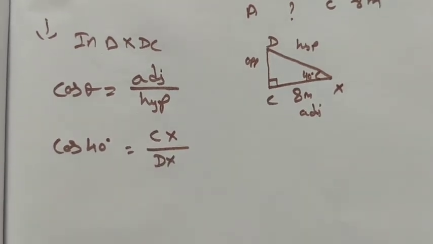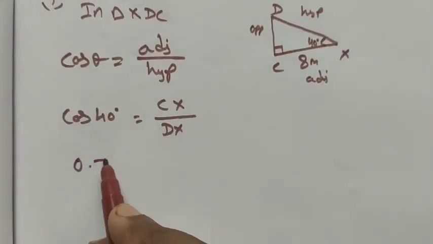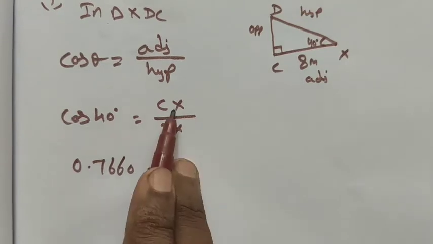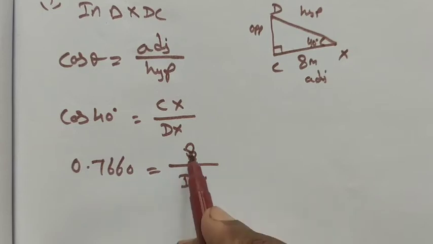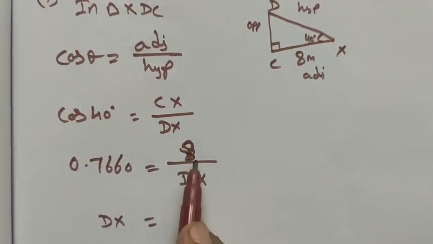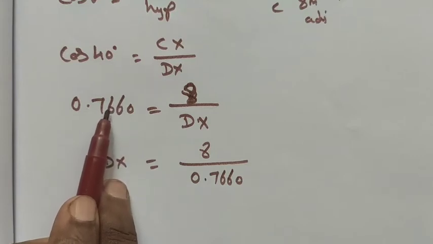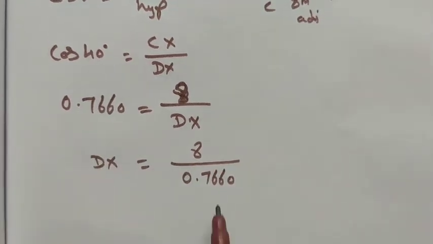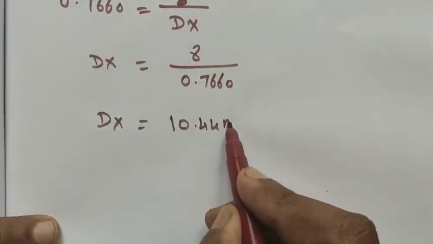Cos 40 degrees is given as 0.7660, so 0.7660 is equal to CX, which is 8, divided by DX. Taking DX to this side and 0.7660 to the other side, 8 divided by 0.7660 gives DX equal to 10.44 meters.